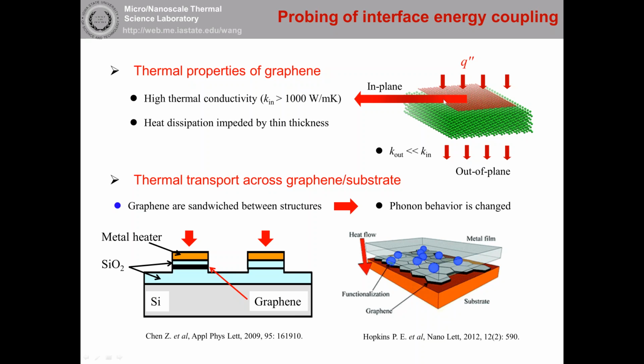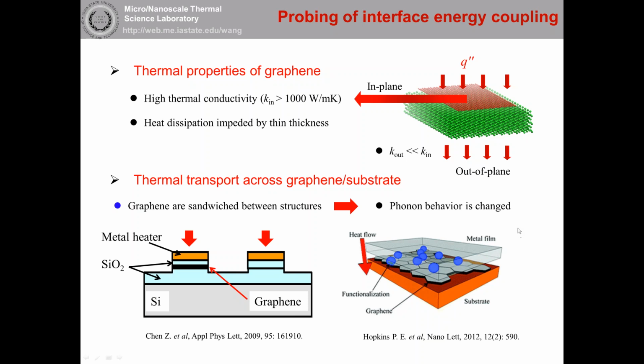This one shows, for example, a lot of people talk about graphene, and graphene has very high thermal conductivity. A lot of times they put graphene on a substrate. In devices, the graphene usually has heating.